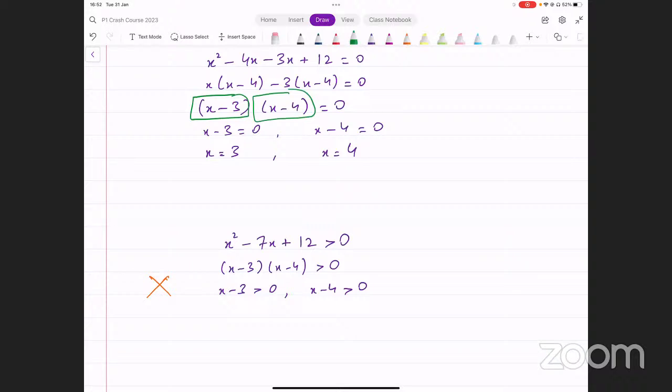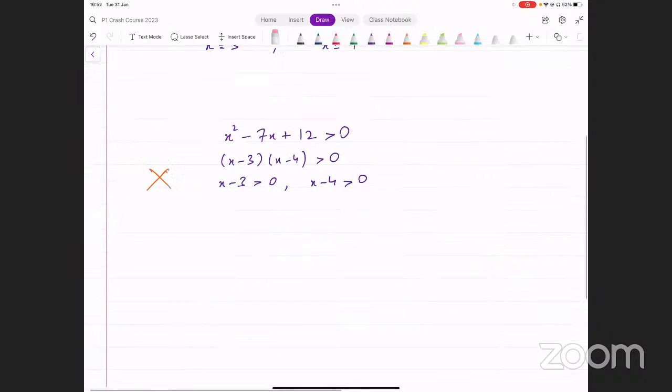Otherwise, you cannot have a product that's equal to 0. So if two numbers have a product equal to 0, at least one of them must be equal to 0. That's why we say either x minus 3 equals 0 or x minus 4 equals 0. So for an equation, it works like this.